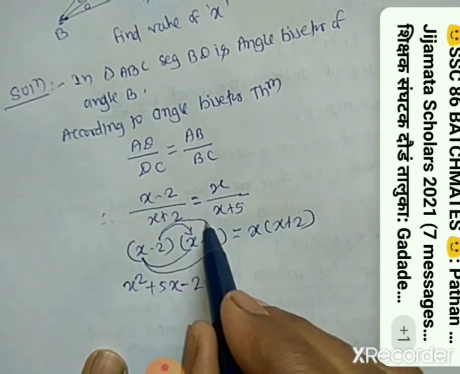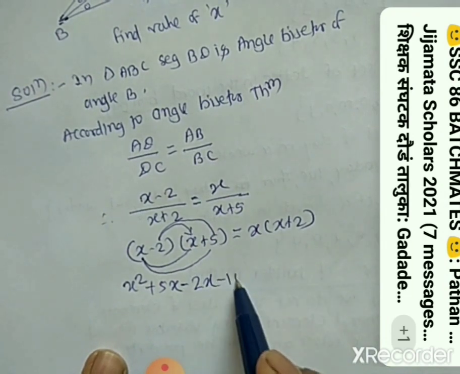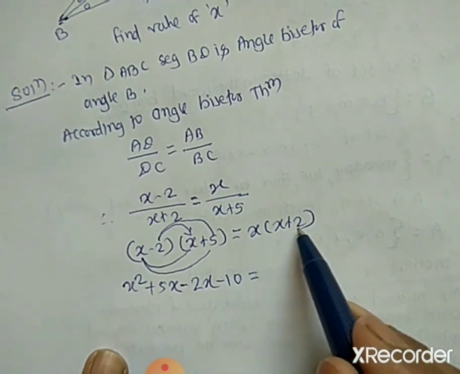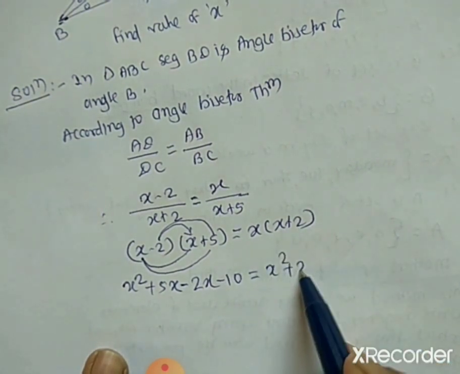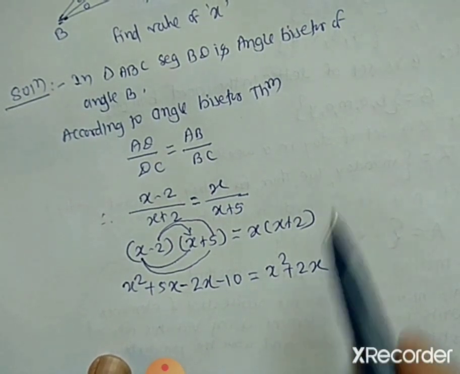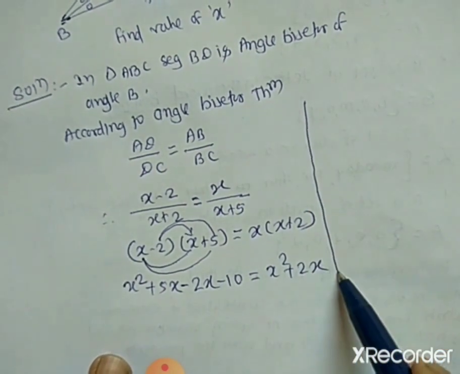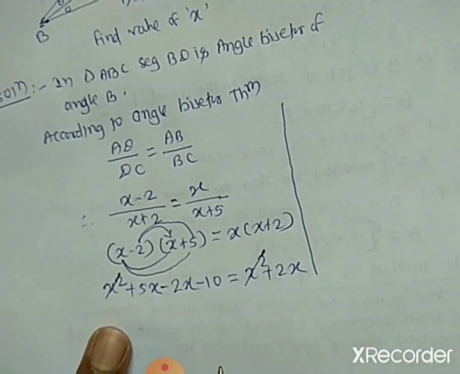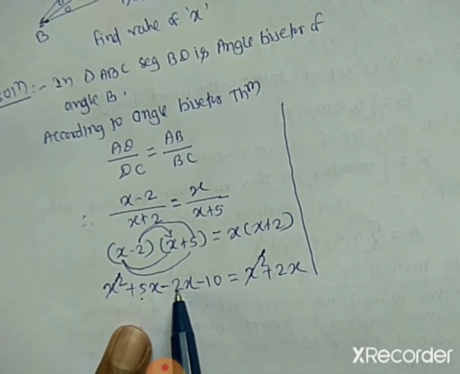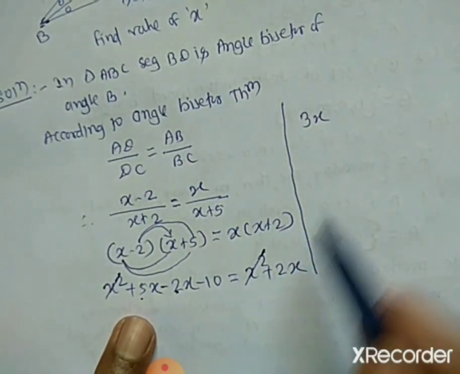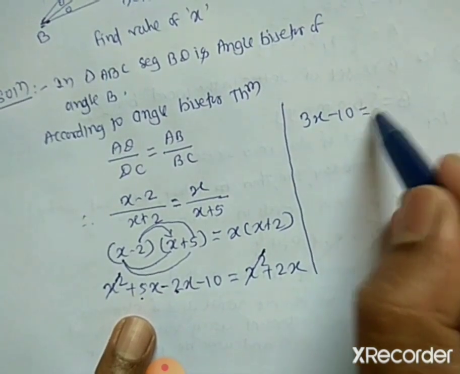Minus 2 into 5, that is minus 10 is equal to, here multiplication, x into x plus 2, that is x square plus 2x. Understand the multiplication? Now x square gets cancelled. 5x minus 2x, I will get 3x here. Minus 10 is equal to 2x.